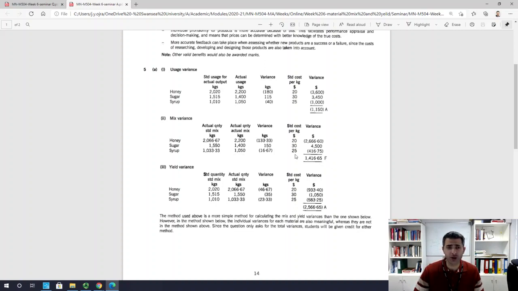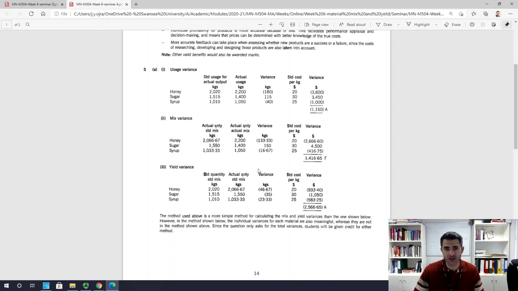So as you see, the total material mix variance is 1,416.65 favorable. Of course this is favorable, as you see.